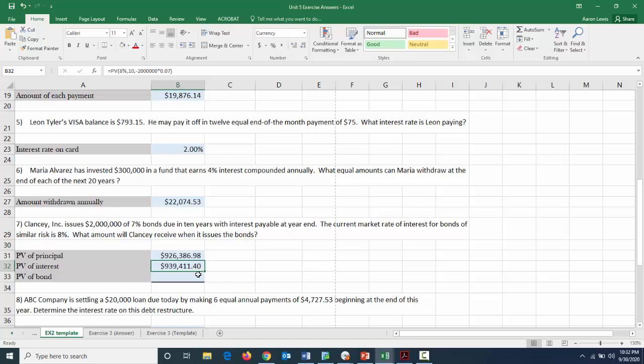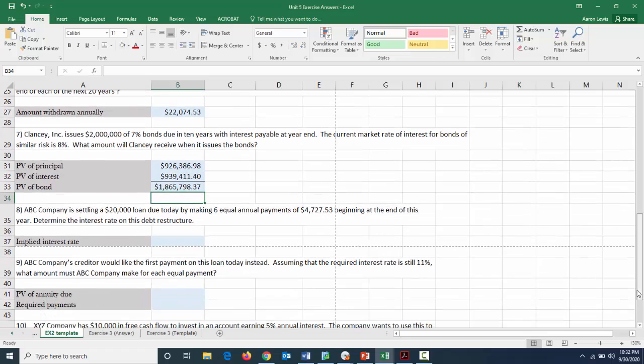Let's add those two together. And we come up with the present value of a bond of $1,865,798.37. Again, because our bonds pay less interest than those of our competitors, we can't sell them at face value. We have to encourage people to buy our bonds, which means we have to issue them at a discount.